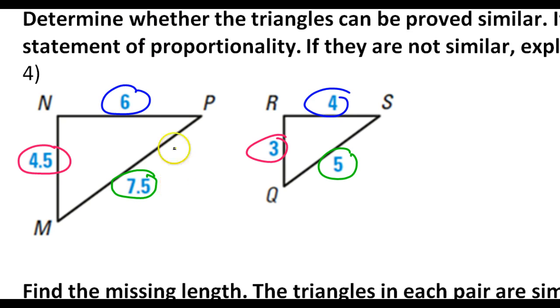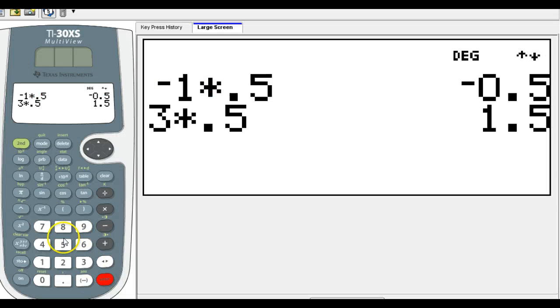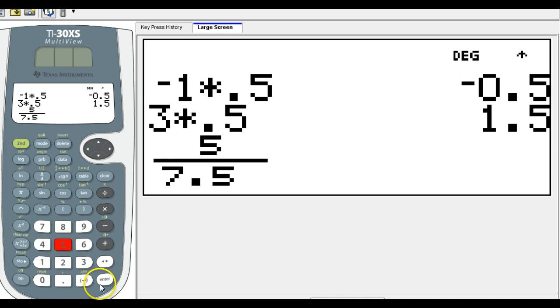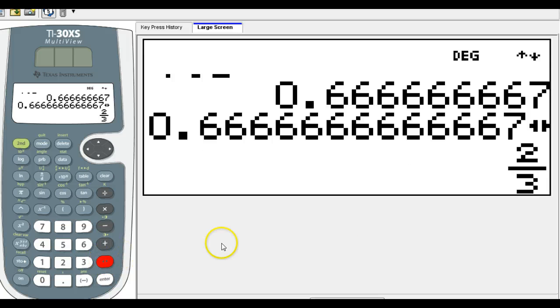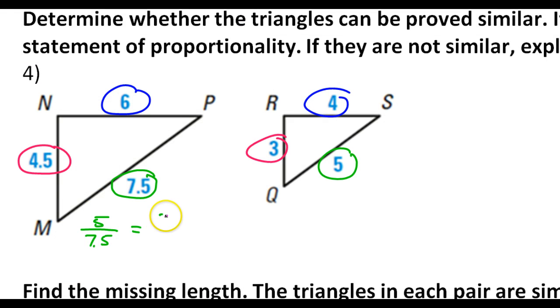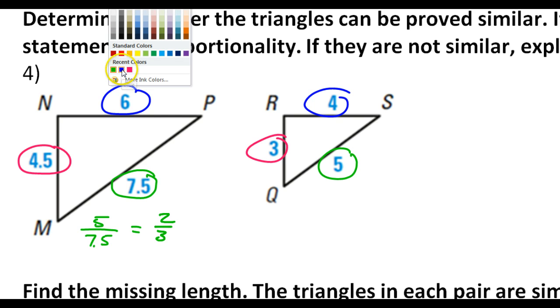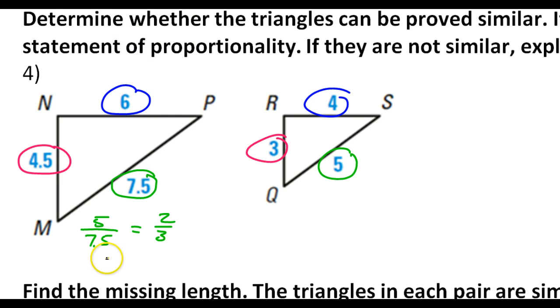So let's see. Let's start with the green ones. Alright, I'm going to do small over big. So if I do 5 over 7.5, I get 2/3. The order doesn't matter. Let's do the blue ones next. Okay, so again, I'm going to do small over big.